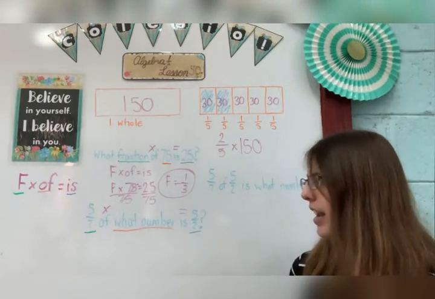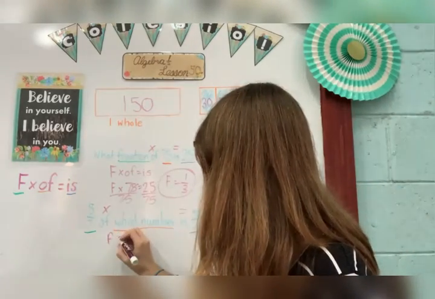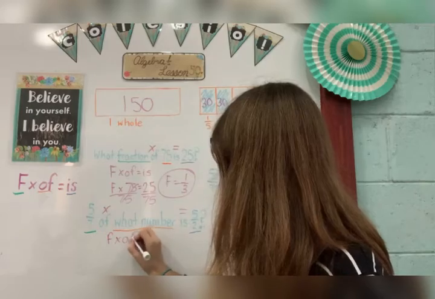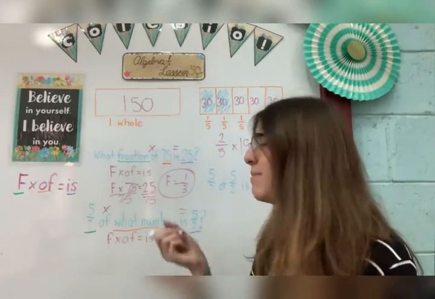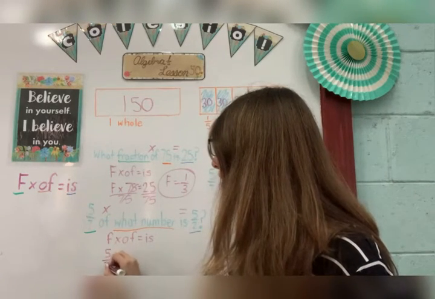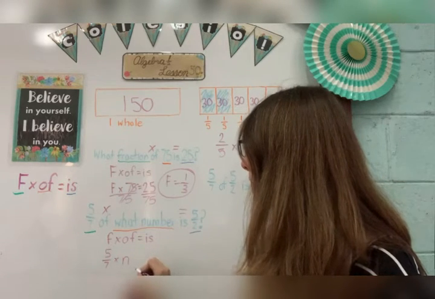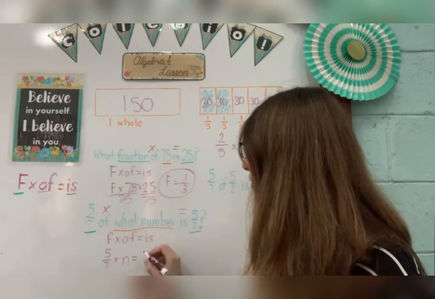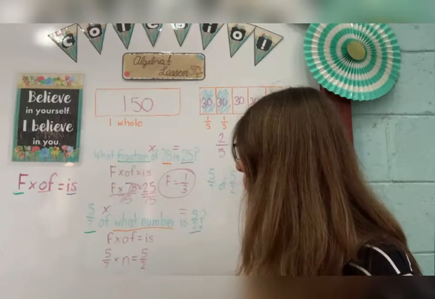All right, let's put that into my equation. My fraction times of equals is. It's always good to start by writing the equation to make sure you know where you're putting each piece. So 5/7 times, I'm going to use n for the number, so I don't have to keep writing of, equals 5 over 2.